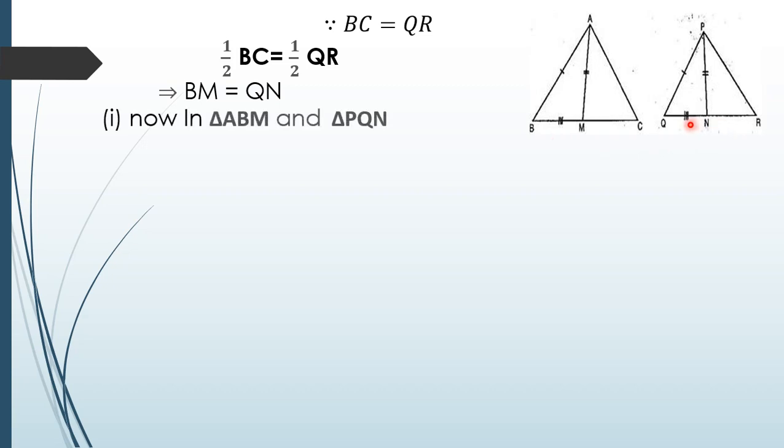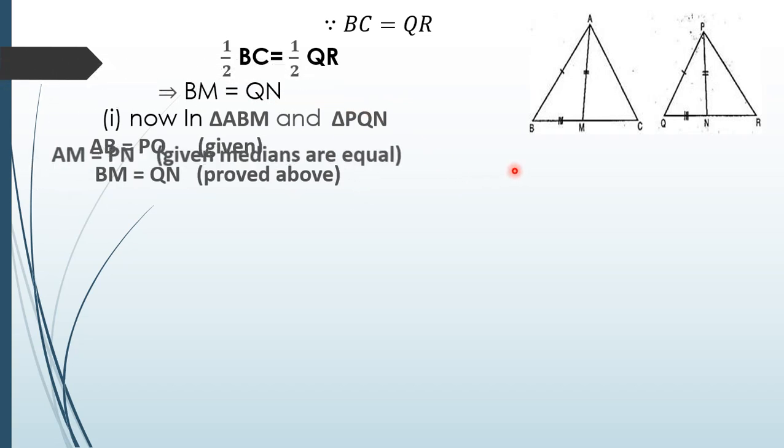Now we consider triangle ABM and triangle PQN. Now we will prove these two triangles are congruent. AB is equal to PQ, given in the problem, so these two sides are equal. Then BM is equal to QN, this is proved above.